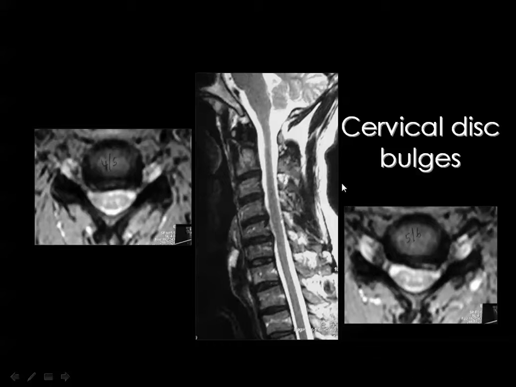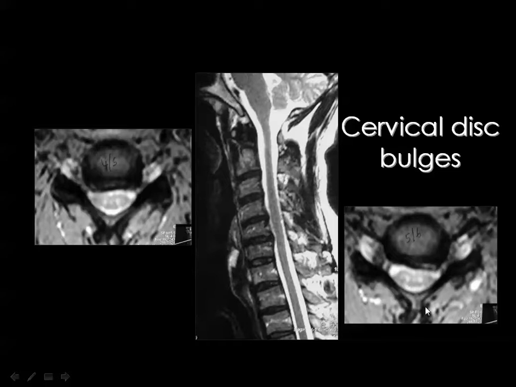In the cervical spine, and this is C2, 3, 4, 5, 6. C4, 5 and C5, 6 are extending slightly inside the spinal canal. At C4, 5, you can see the edge of the disc is diffusely bulging from left to right, and this is disc bulge.